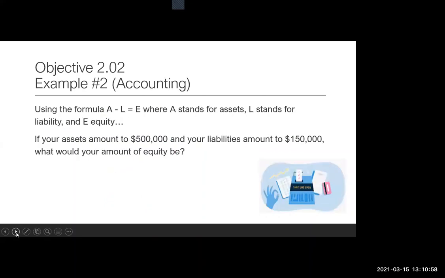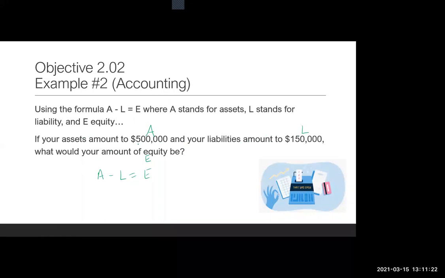Here's the accounting example. Using the formula assets minus liability equals equity. If your assets amount to 500,000, that's A, and your liabilities amount to 150,000, that's L, what would your E be? Okay, so we've got our formula. Again, we're using our substitution.